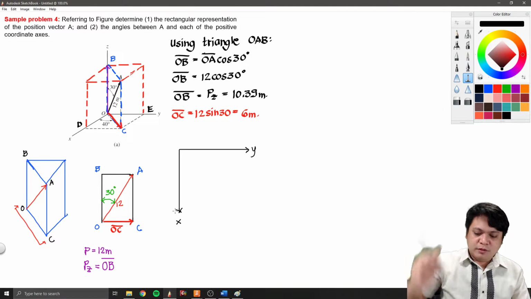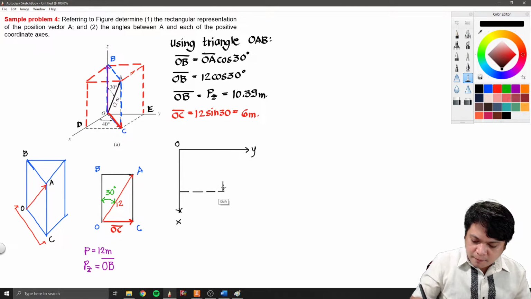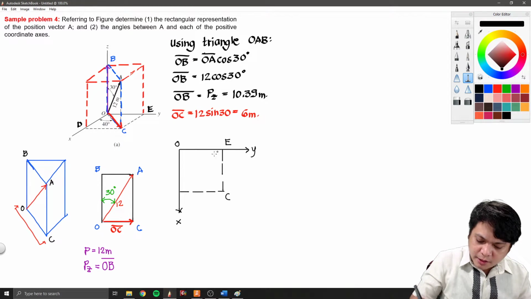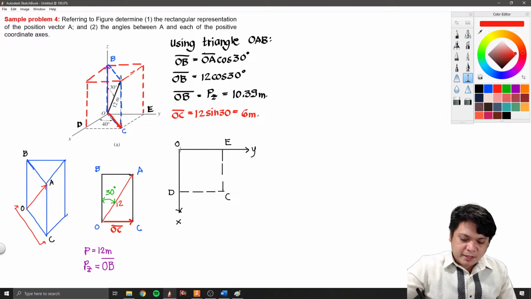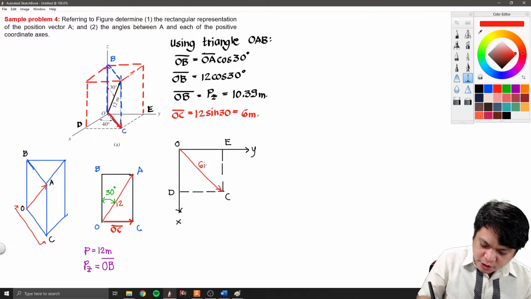Sa top view, ito yung point O, ito yung aking point C, ito yung aking point E, and then ito yung aking point D. Ito naman yung aking OC, that's around 6 meters.